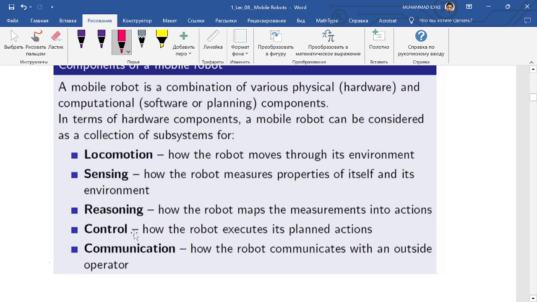Control: control engineering in mobile robots means how it does motion planning, and how it can execute those actions it needs to take in its environment. And communication is maybe an optional part, but as a complete system, the mobile robot should be able to communicate with its operators or the outside world.